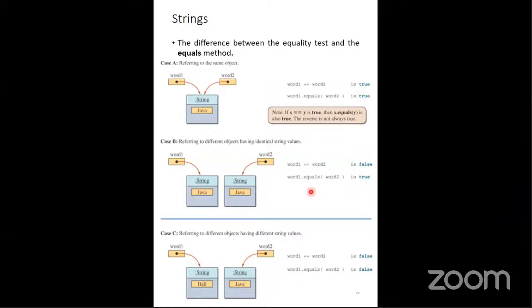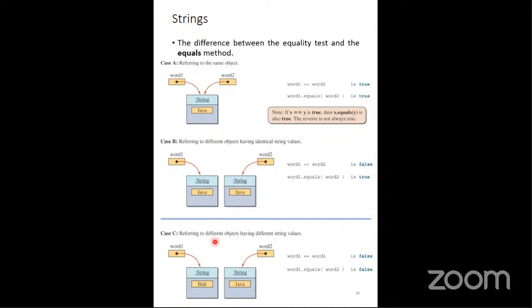Here we are trying to compare the equality operator and the equals method. This is also syntactically correct, but it returns false because both are referring to two different string objects, whereas the equals method looks at the content of the string object.